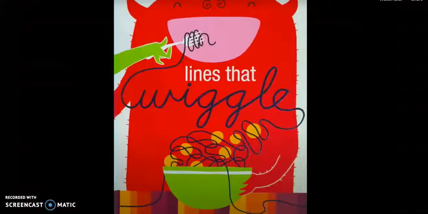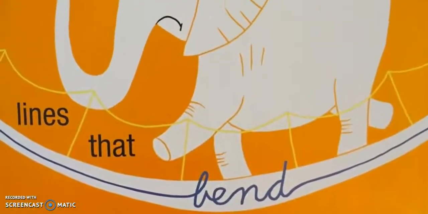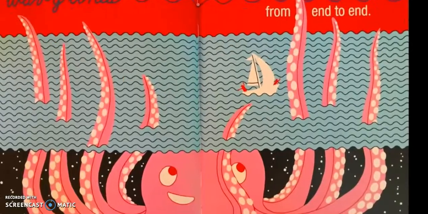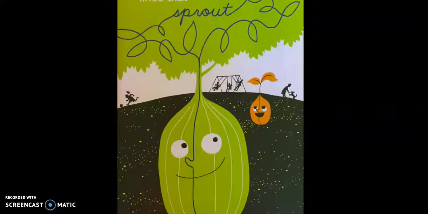Lines That Wiggle by Candace Whitman. Lines that wiggle. Lines that bend. Wavy lines from end to end. Lines that tickle. Lines that sprout.